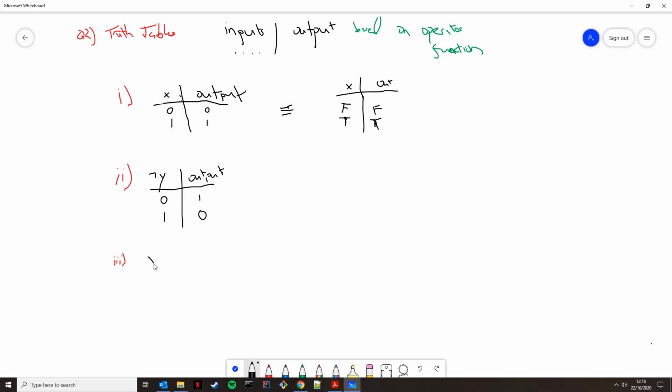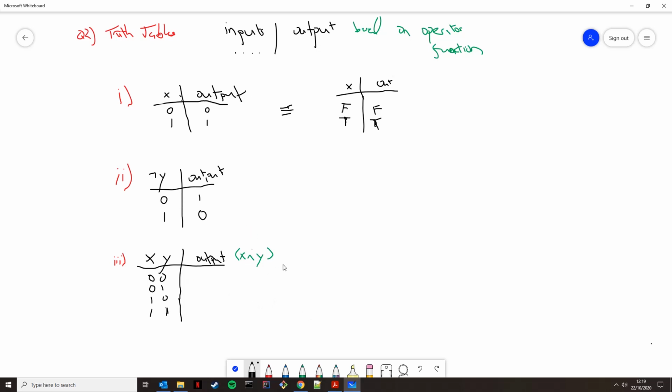So X and Y. I'm going to have two inputs, and our output is going to be for the function X and Y. So, as we remember from the last video, X can be 0, Y can be 0; X can be 0, Y can be 1; X can be 1, Y can be 0; X can be 1, Y can be 1. We have two inputs, so we're going to have four possible outputs.